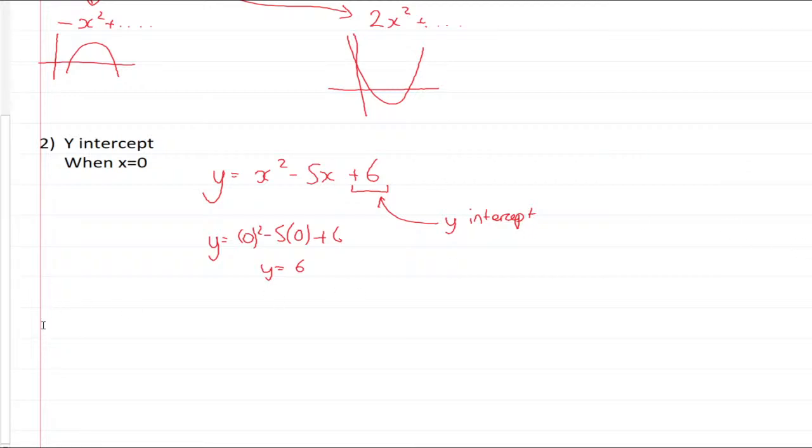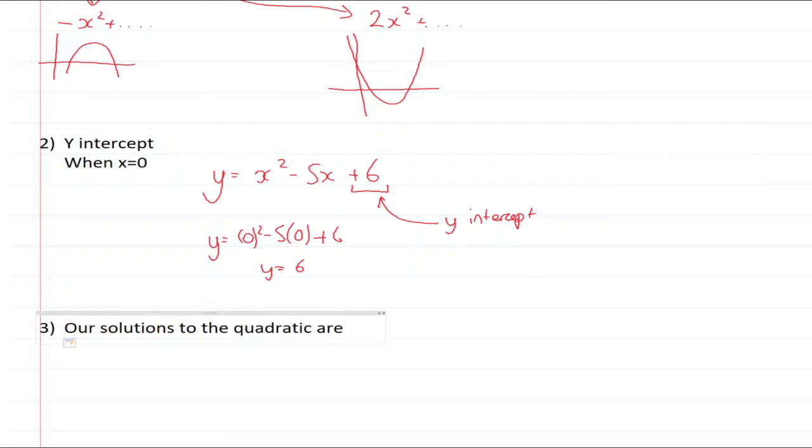So let's write that down for me. Question 3. Our solutions to the quadratic are where we are crossing our x-axes, which makes sense, doesn't it?